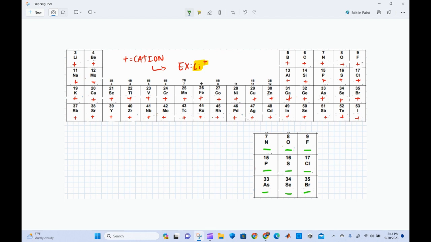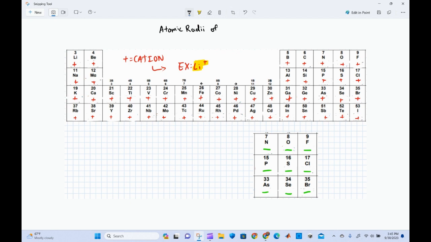We're doing radii, atomic radii. What did they call it?